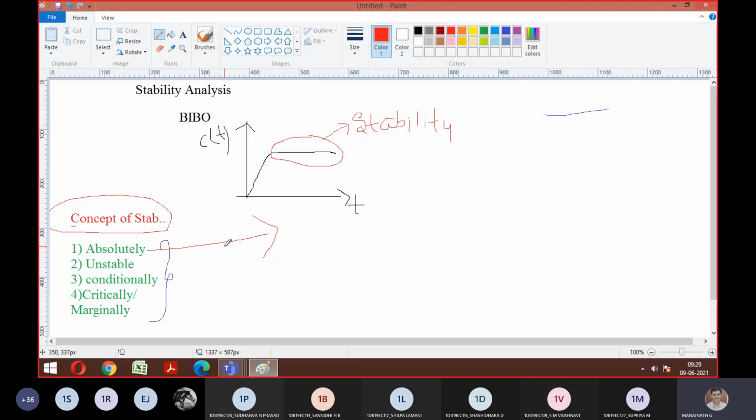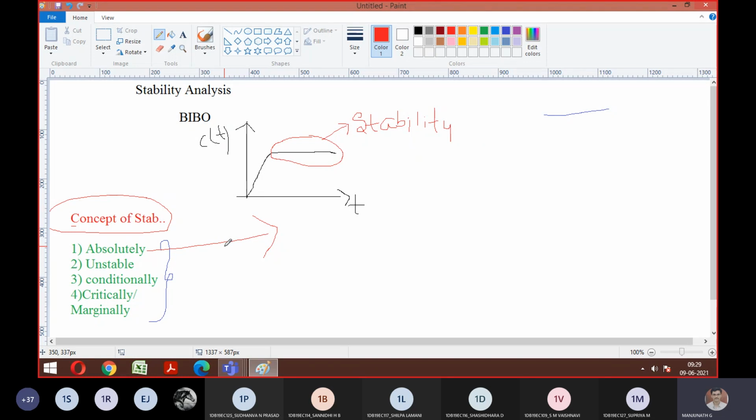That is the meaning of absolutely stable. Written, guys, everyone? Yes, sir. Okay. So just make a note with this statement.